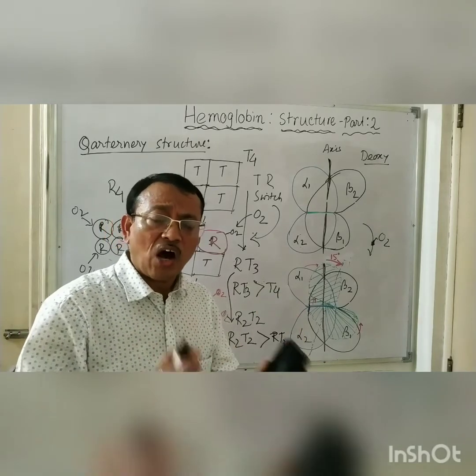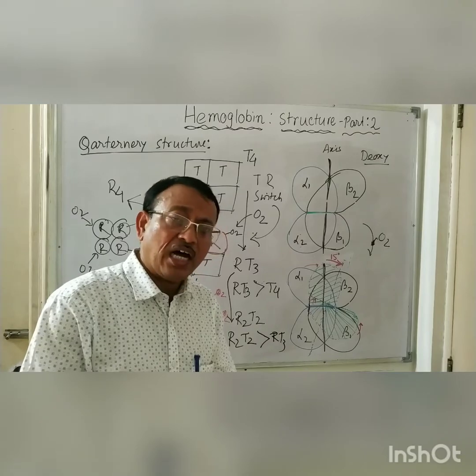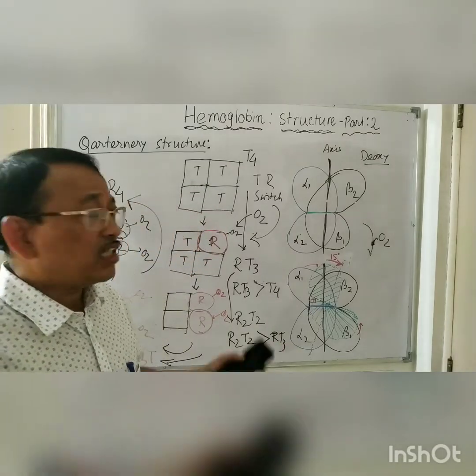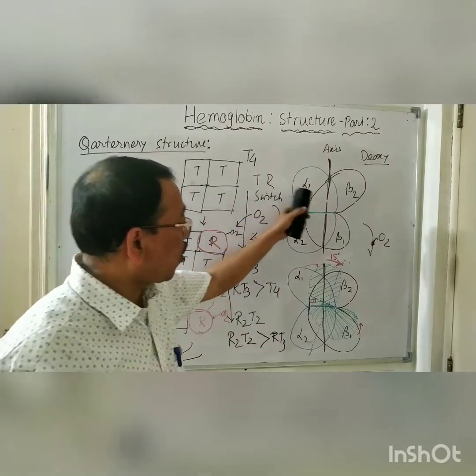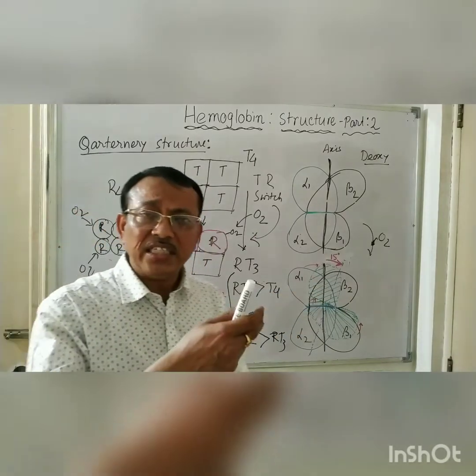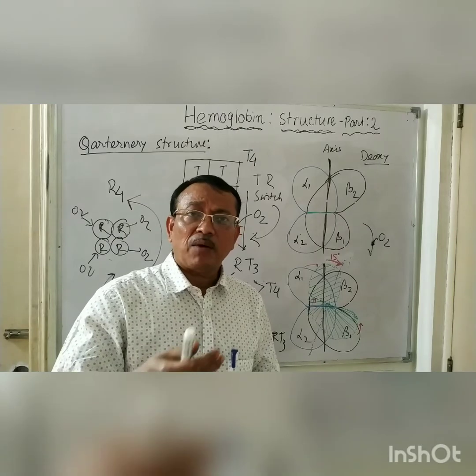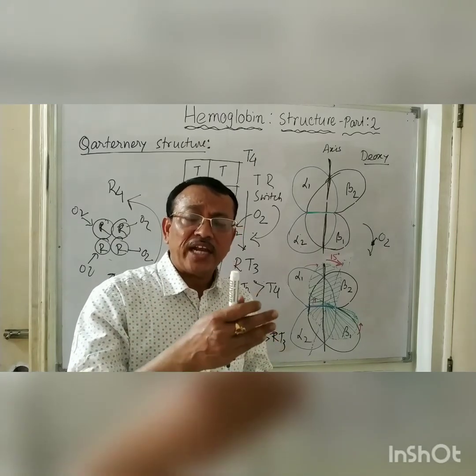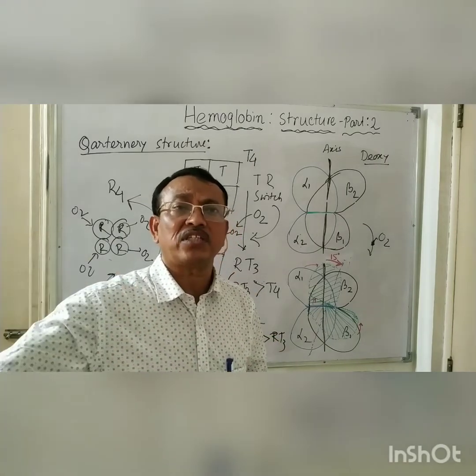So this is how during oxygenation the configurational change of the quaternary structure is taking place, and in each step the binding of the oxygen is getting favored in each and every step.